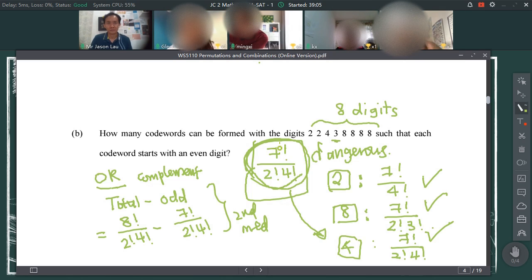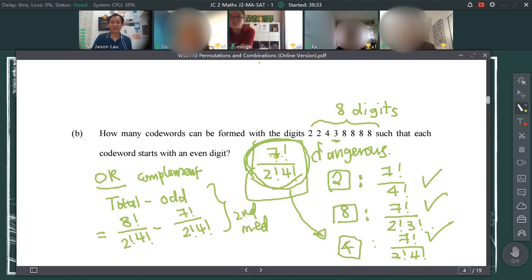Then can I do it by swapping? You say the 3 can be in any of the positions, as long as the 3 is not in front. Isn't it the complement method? Is it the same thing?